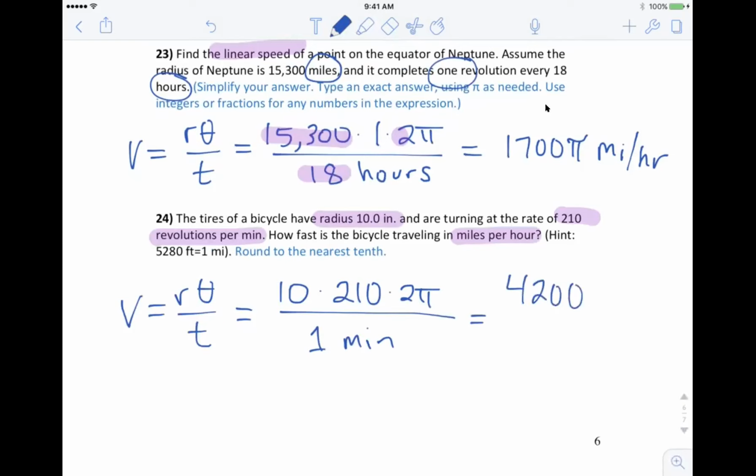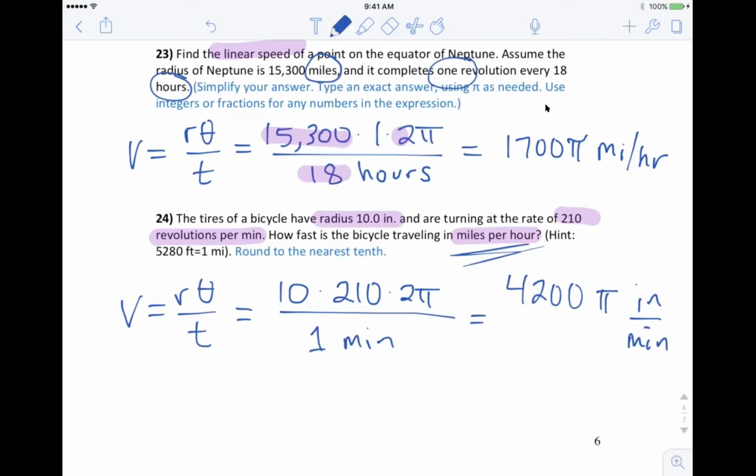That's 10 times 210 times 2 pi. And then this is in, let's see, what was that, 10? It was in inches. So this is in inches per minute, which could be a fine answer, except it wants miles per hour.